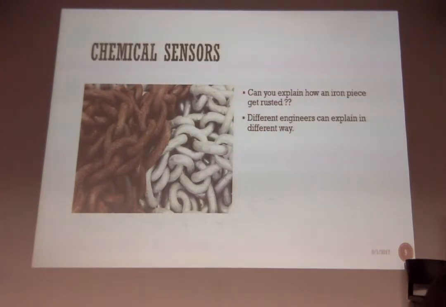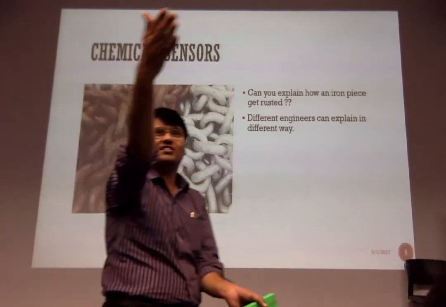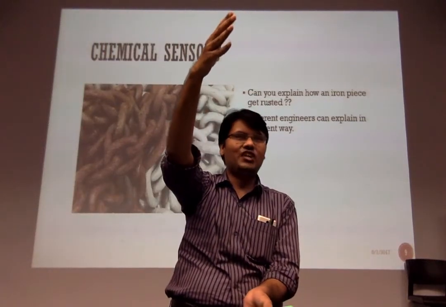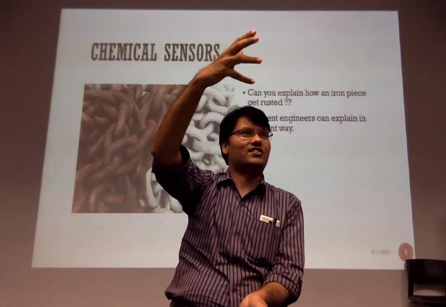Chlorine ions. Okay. Water, oxygen. Yeah. Okay. Anybody else? This side. Can you explain how iron gets rusted?